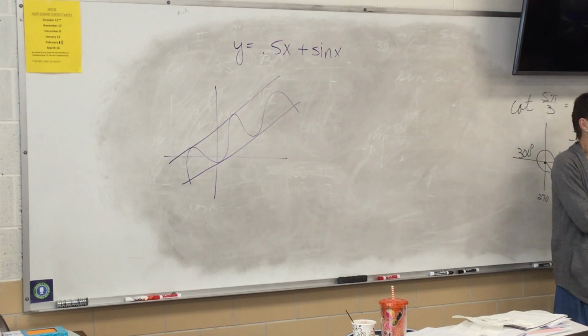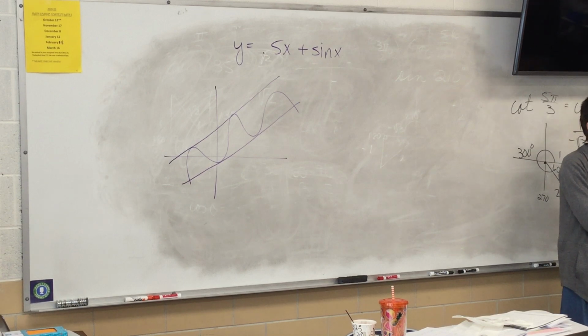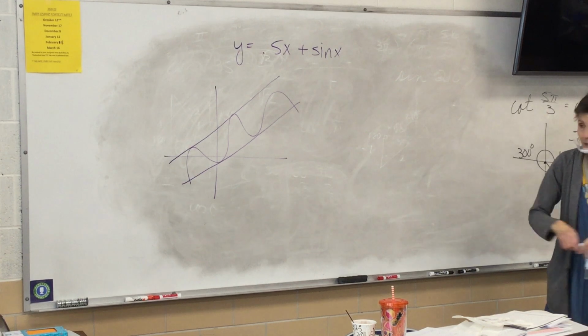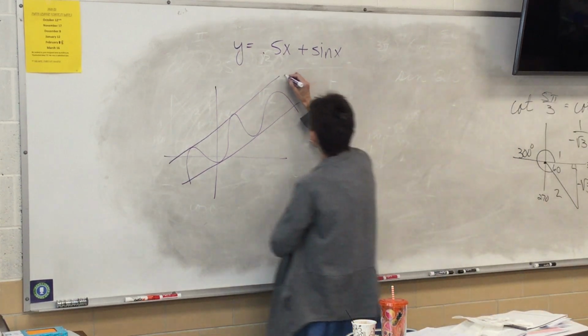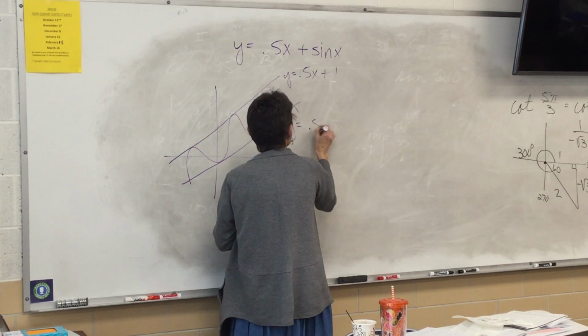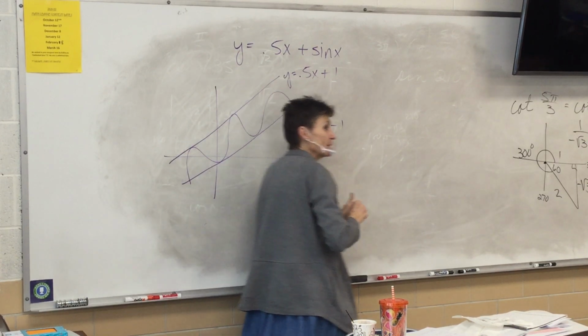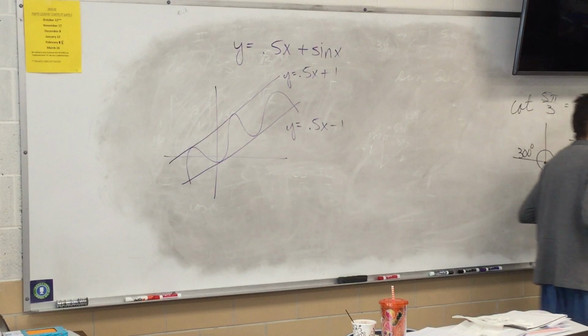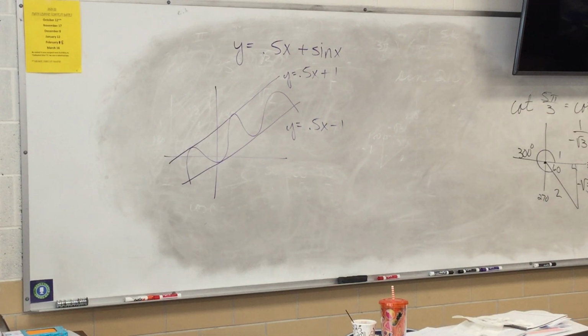Does anyone have a thought? Seth? It's 0.5x plus 1 and 0.5x minus 1. Exactly. So your two lines are y equals 0.5x plus 1 and y equals 0.5x minus 1. Now, Dylan, do you know why? Exactly.